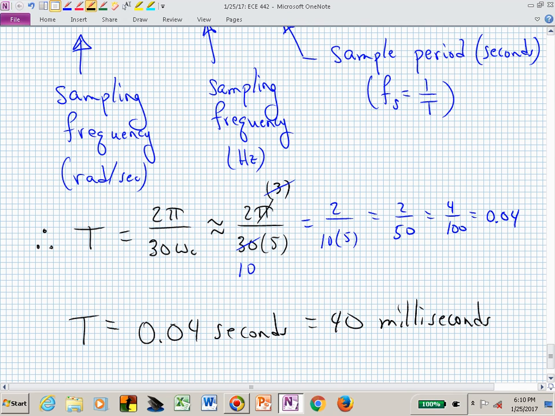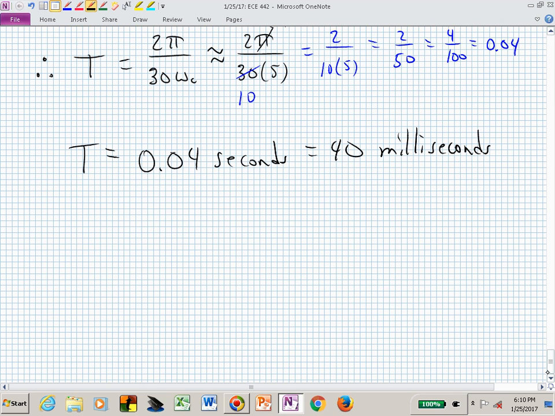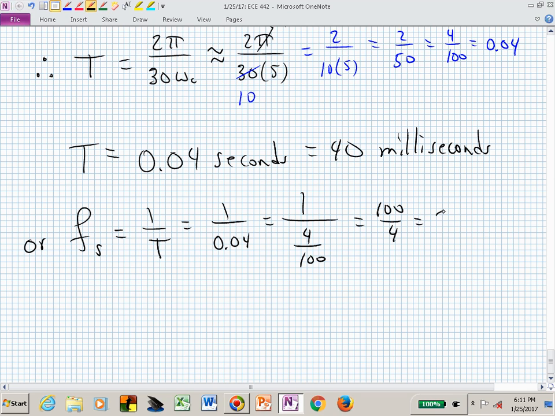What's that in terms of the sampling frequency in cycles per second? Well, that's just 1 over T. This is 1 over 0.04. We've already written that as 4 over 100. Or we're sampling at 25 hertz.